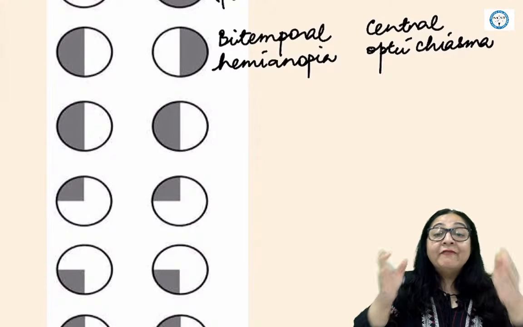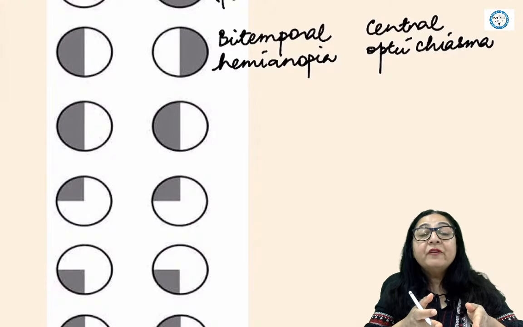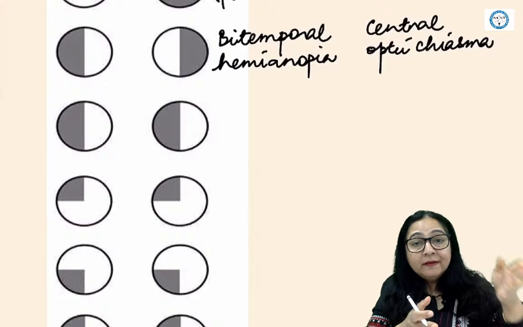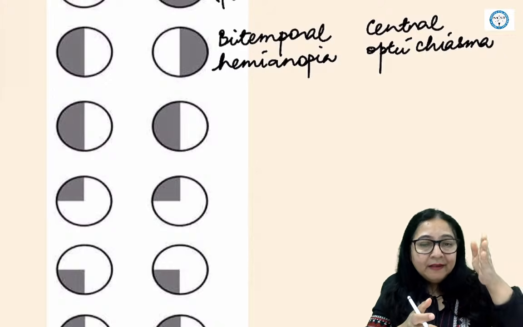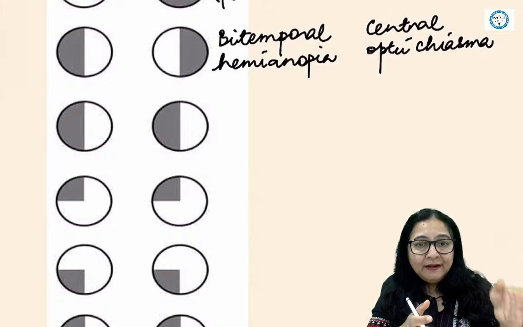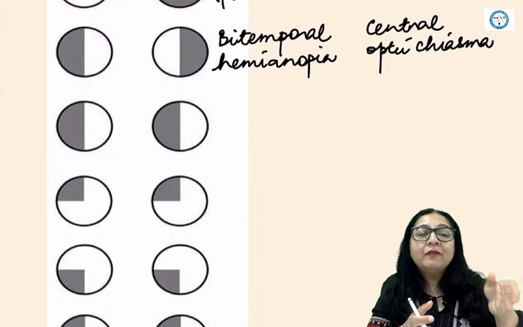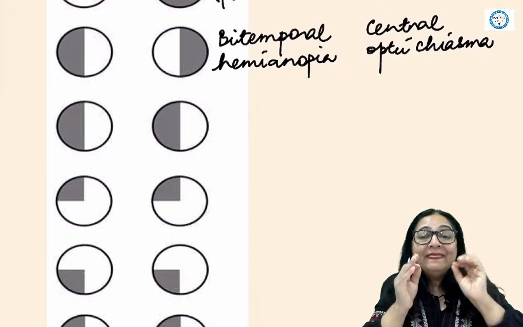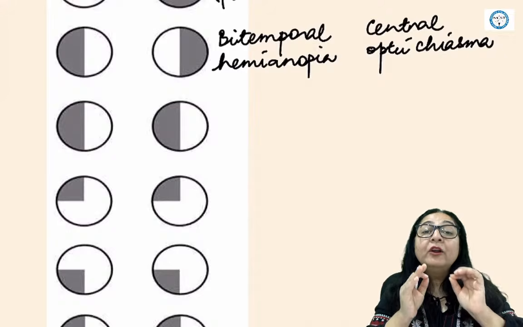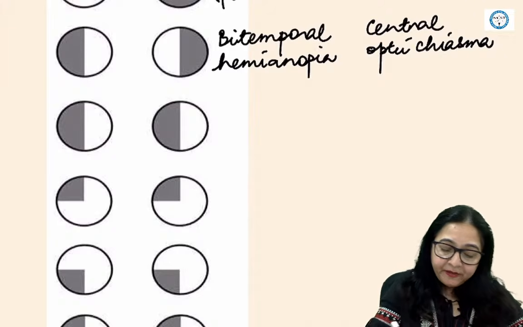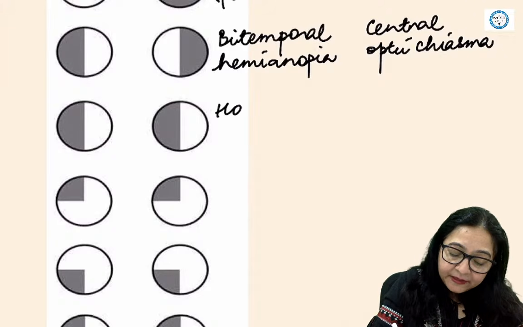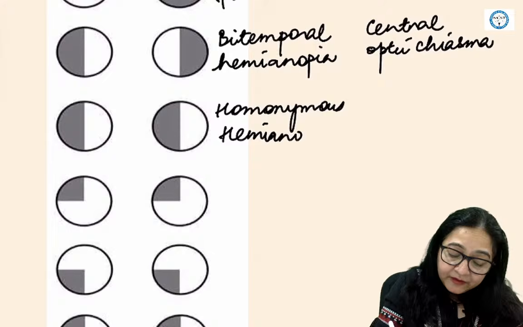Then homonymous hemianopia: when half of the field is lost on the same side, the left half of the right eye and left half of the left eye is lost, that type of field defect is called homonymous hemianopia. Okay, so here you see, beta, you can see the difference: no central sparing, homonymous hemianopia, no central sparing.